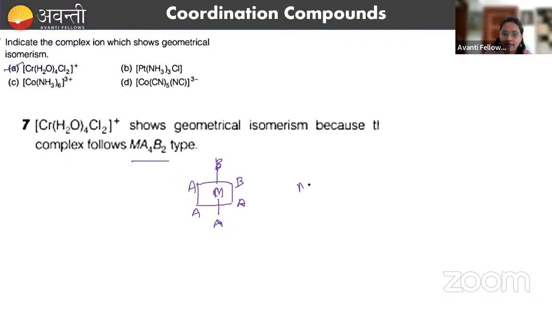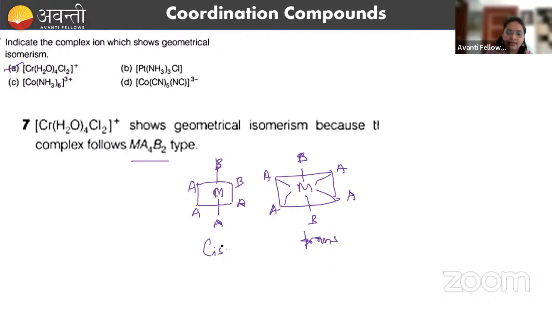And the metal atom having A is here, right? And B is here. This is what? Trans. Okay, sorry for my writing. Fast I am writing, na? That's why. Cis and trans. Okay, very good. Right.